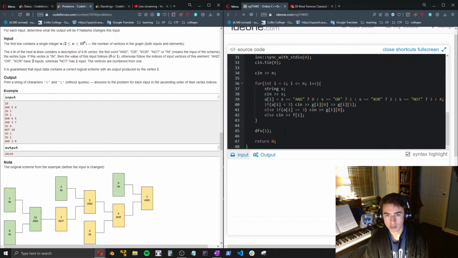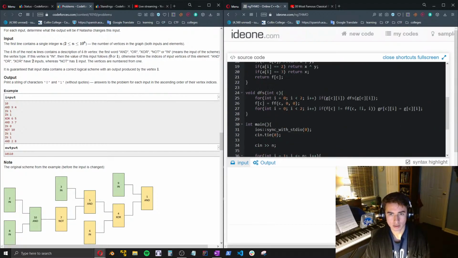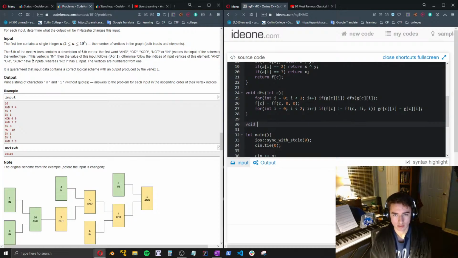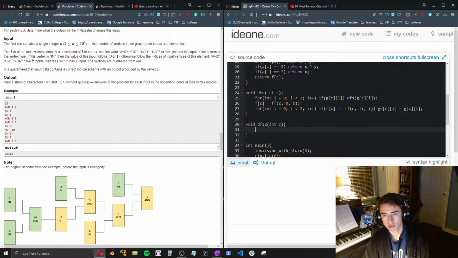Okay, now we need to do one more DFS. So our second DFS, now here is where we're DFSing down only the marked edges.